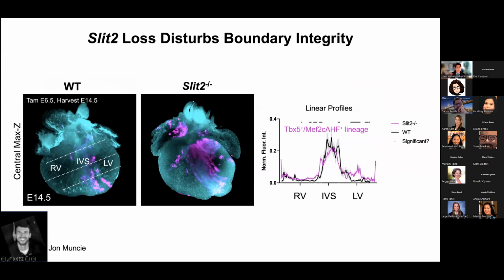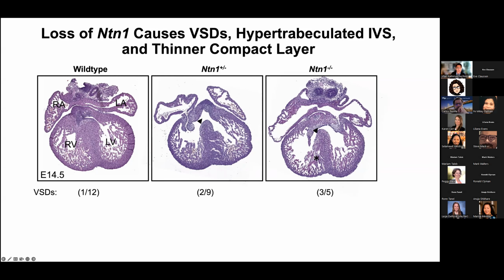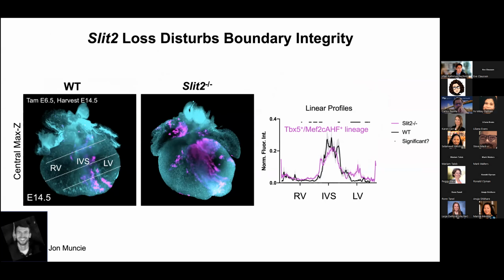So next we wondered, what is the role of Netrin and SLT in the context of this lineage? And so here we did a similar approach where we looked at this double positive lineage. This is in magenta. This is that double positive lineage that lines the interventricular septum.